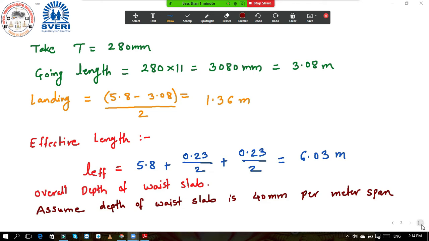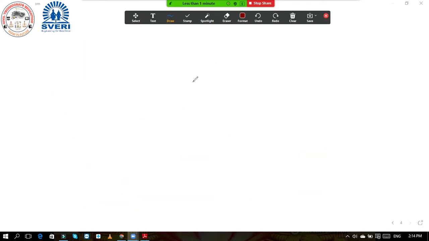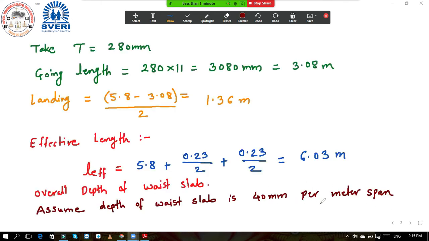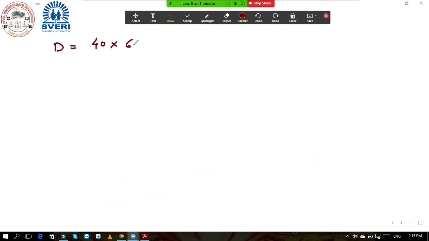So now if you calculate the depth, D is equal to 40 mm into the span we have considered. So for 1 meter span it is 40 mm. So now what is our span, that is effective length, it is 6.03. So multiply this by 6.03.